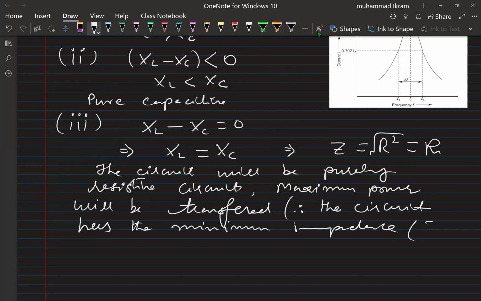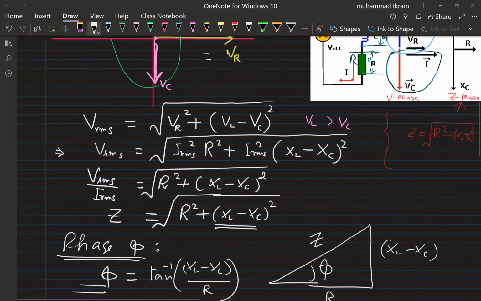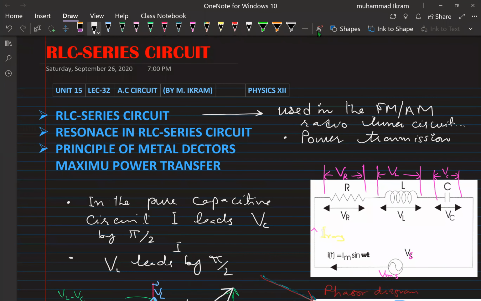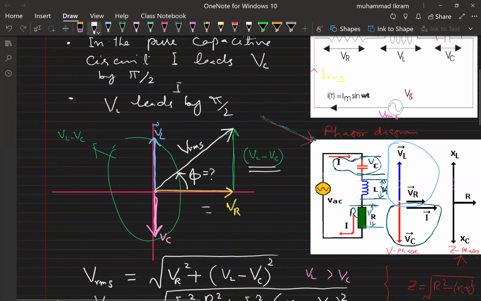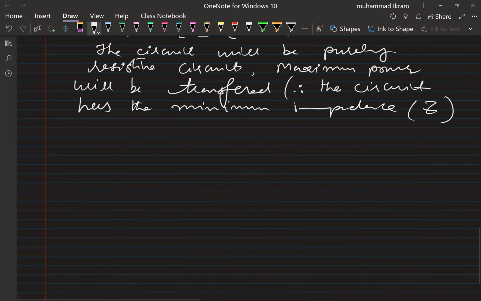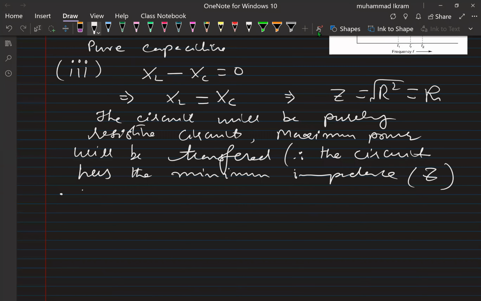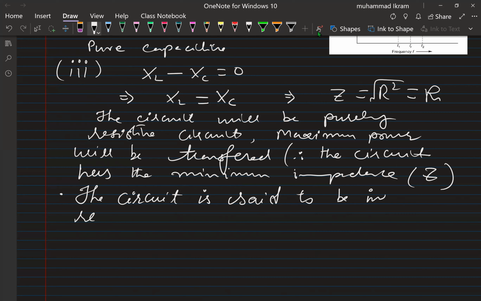Okay, this is the situation where we can call it resonance in an RLC series circuit, and the circuit is said to be in resonance.